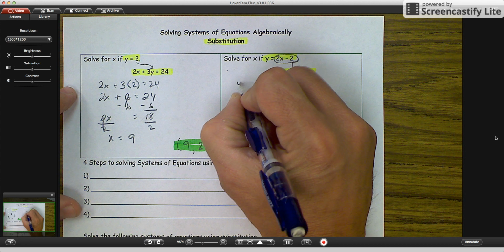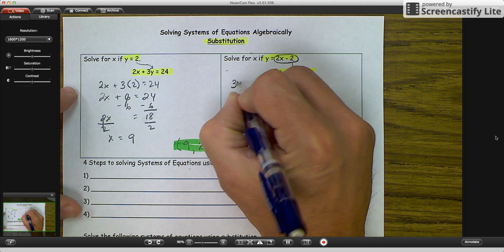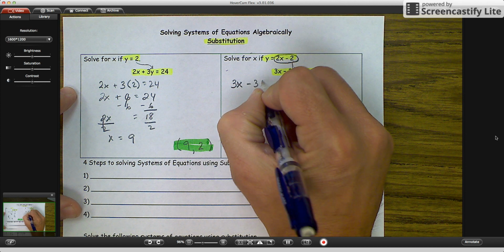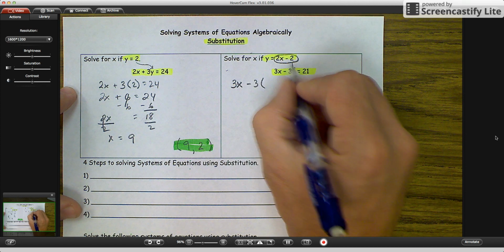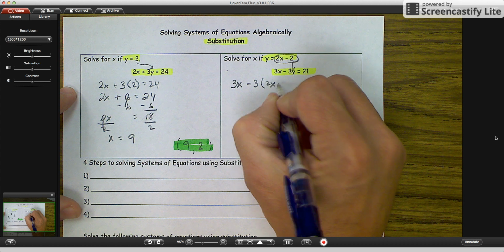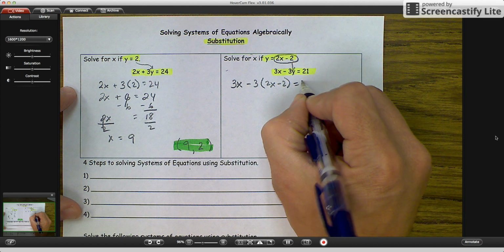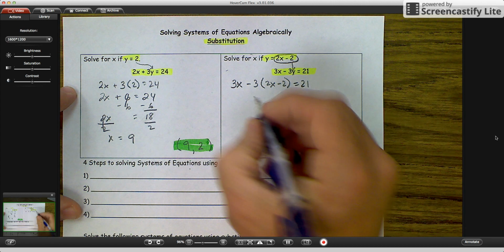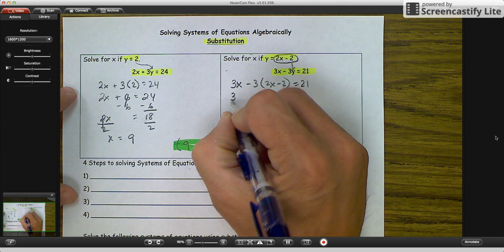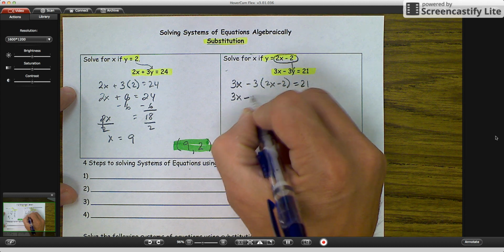So you get 3x minus 3 times. Now our y is equal to 2x minus 2. We're just going to put it there. End of parentheses is equal to 21. And now we are going to distribute. So 3x, a negative 3 times 2x would be minus 6x.